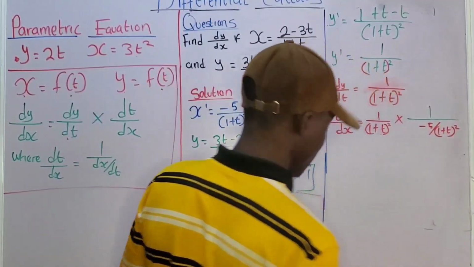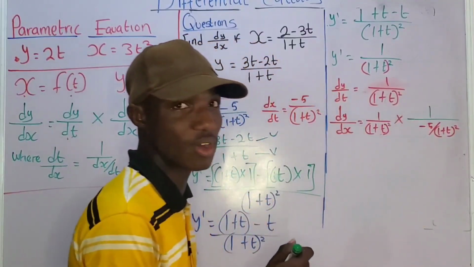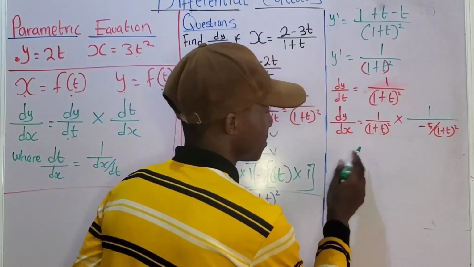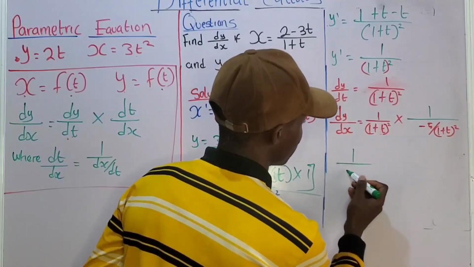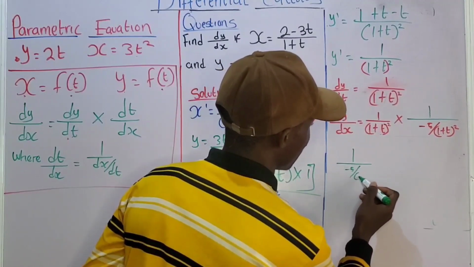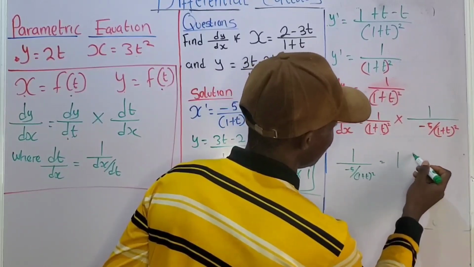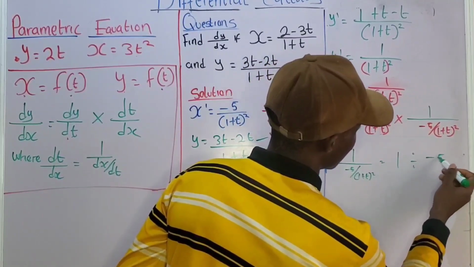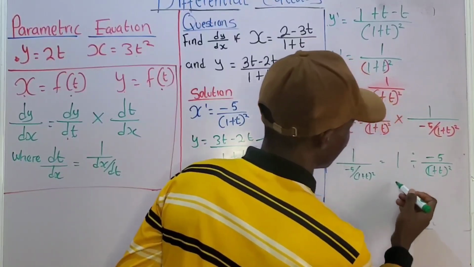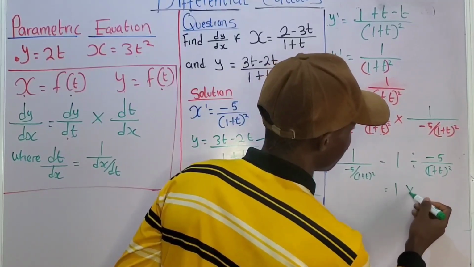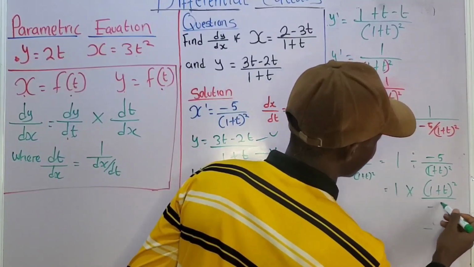Now let us simplify. Please, I want you to pay attention. I want to simplify this aspect now. See, 1 all over minus 5 all over 1 plus t squared can be written as 1 divided by minus 5 all over 1 plus t squared. Now this can be written as 1 multiplied by 1 plus t squared all over minus 5.